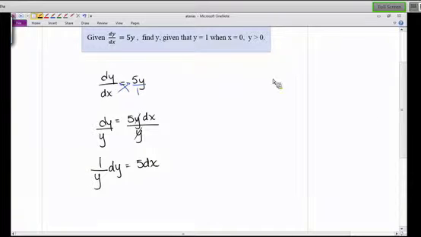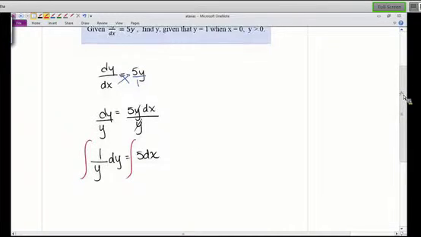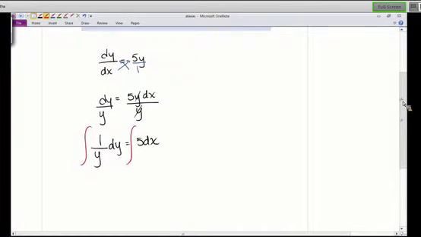Now we want to integrate both sides of our equation. By integrating both sides, this will allow us to get our equation in terms of y. When we integrate 1 over y dy, this is a special integral which will equal ln of the absolute value of y.